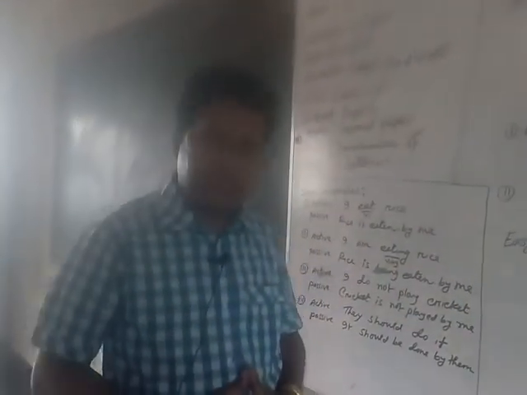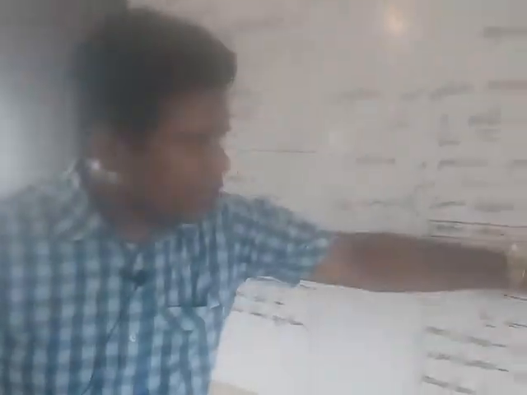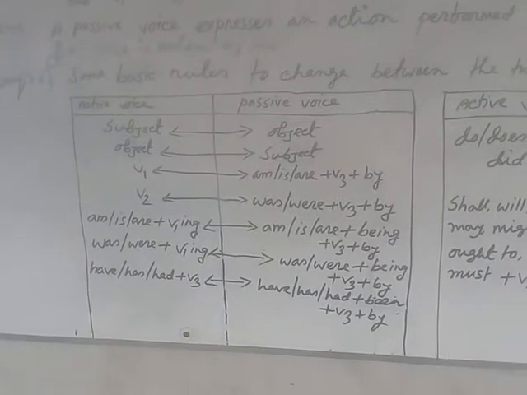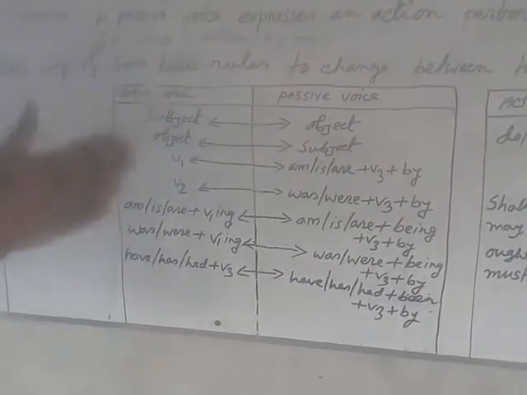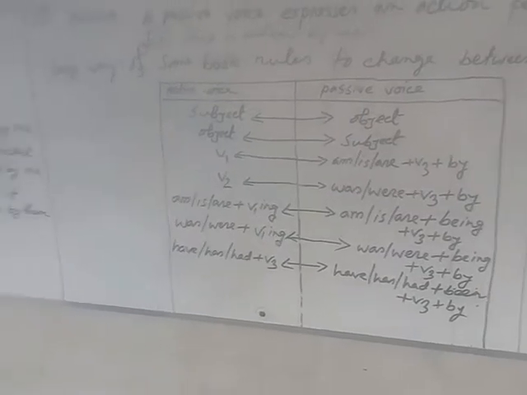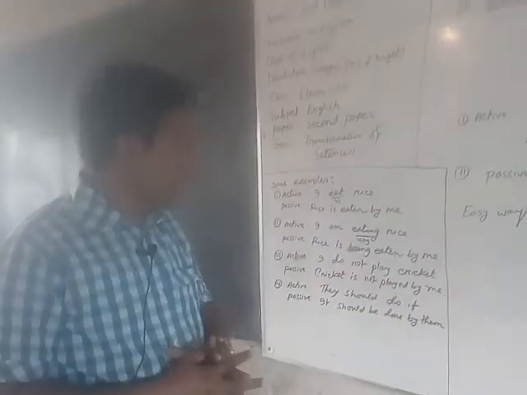Okay, dear listeners, I hope you will memorize these rules which I have written for you. If you follow the easy rules written by me, you can change the voice, the general rules of voice.